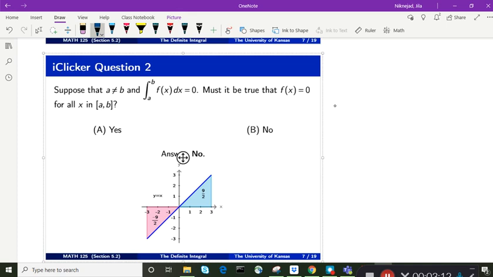The cyan part above the x-axis is 9/2. The pink part is negative 9/2, and they cancel each other out. So the answer is no, because this counterexample exists.